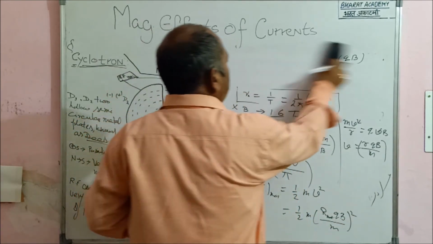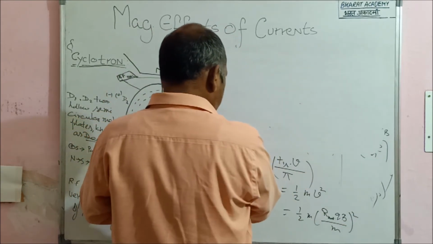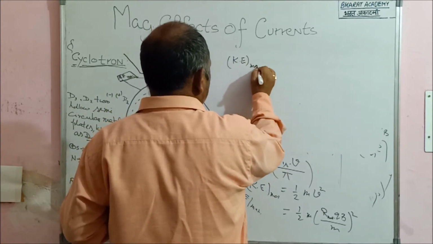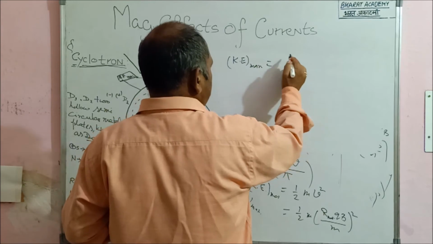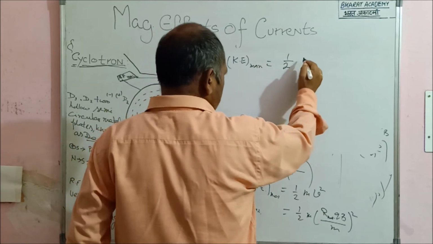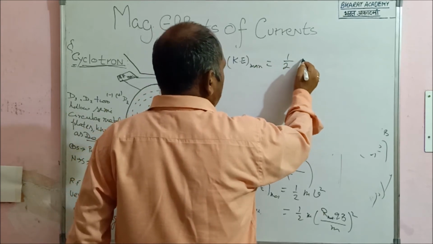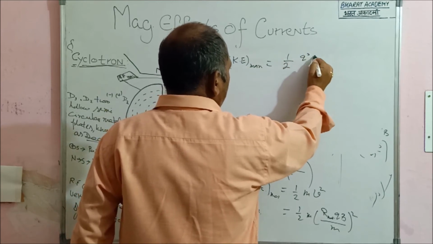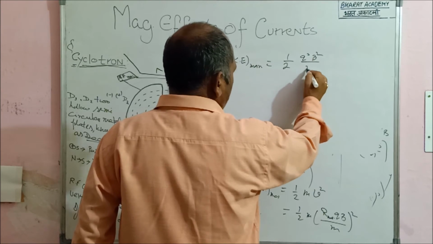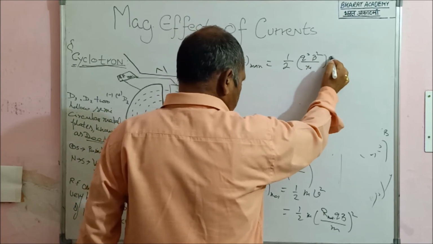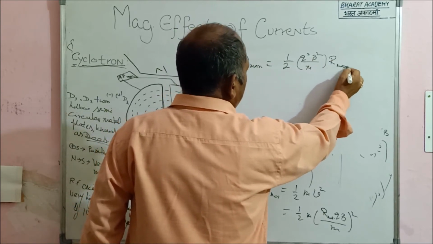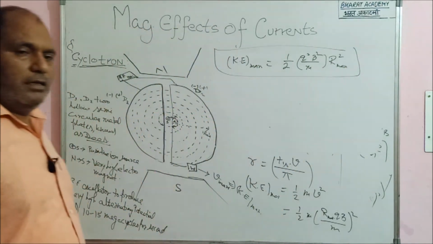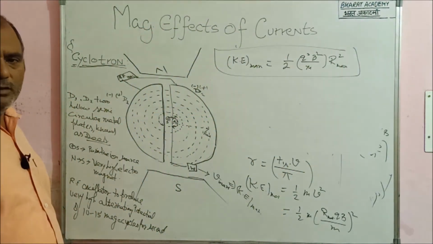Then what will be the KE acquired by the charged particle? KE max comes out to be 1/2, m will be cancelled, it will be q square B square by m into r max square. This will be the kinetic energy acquired by this cyclotron, right?